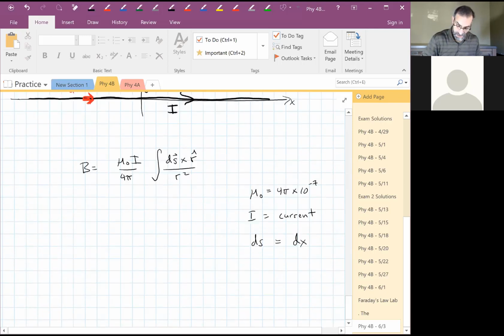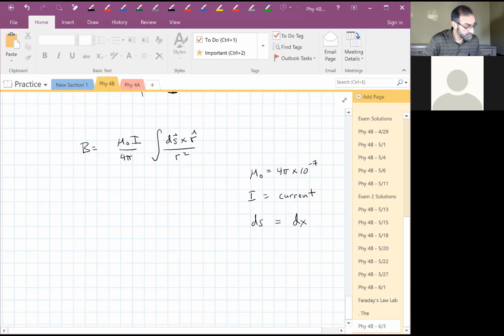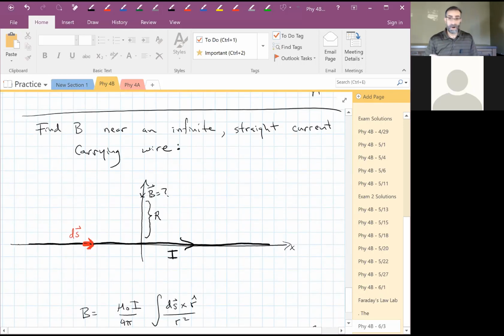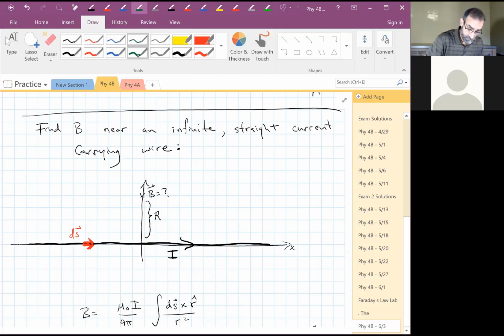And let's look at ds cross r hat. Let's draw in where r and r hat are. R is the distance from ds to our point of interest. And it's also a vector. It points from ds to our point of interest. So r would be this one. Let's see, I'll use green. R would be this vector right here.